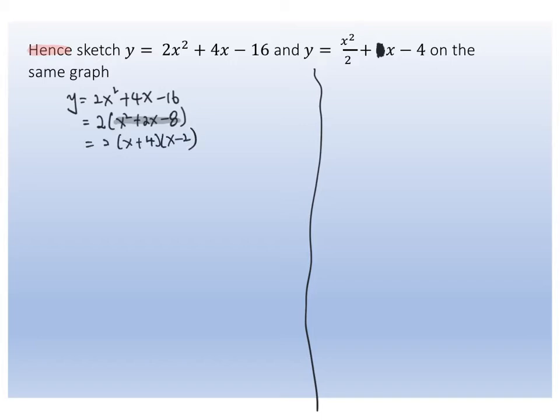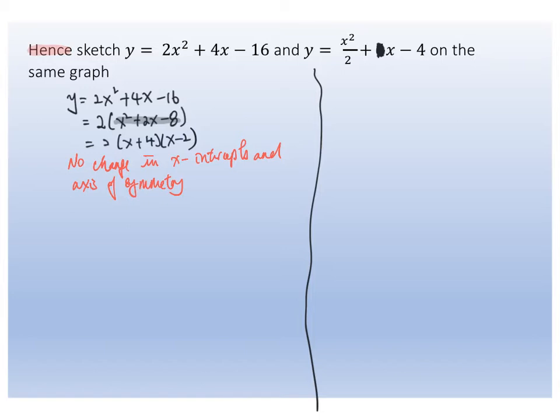Right. So, as an aside here, no change in x-intercept and axis of symmetry. All right? From the null factor law, you know that x equals minus 4 and x equals plus 2.